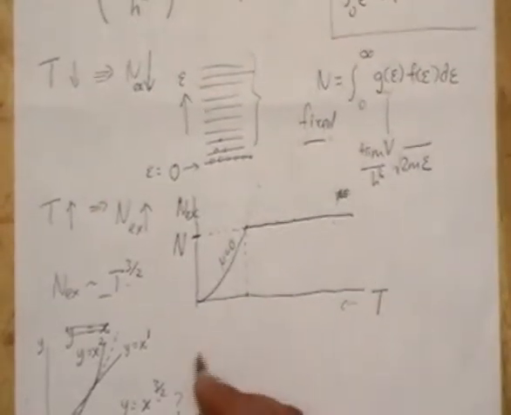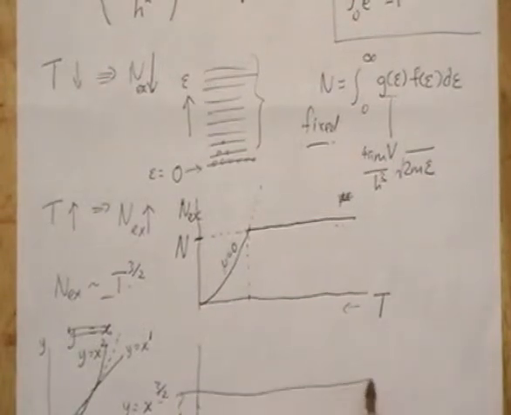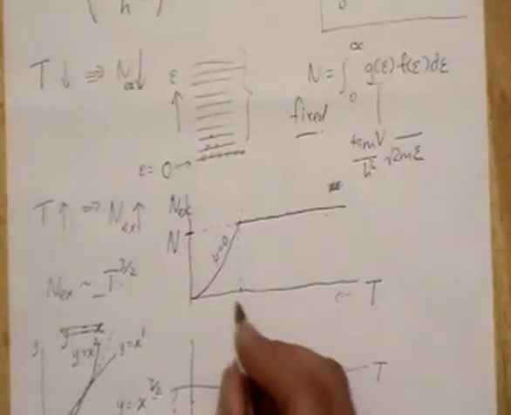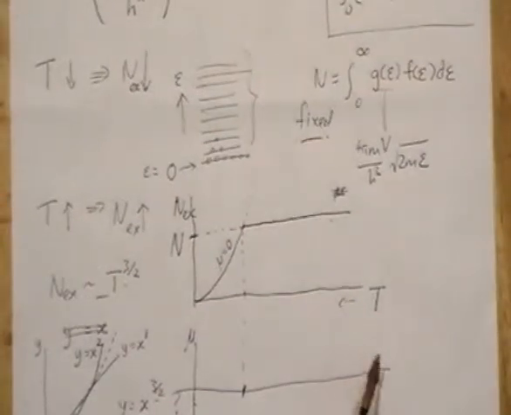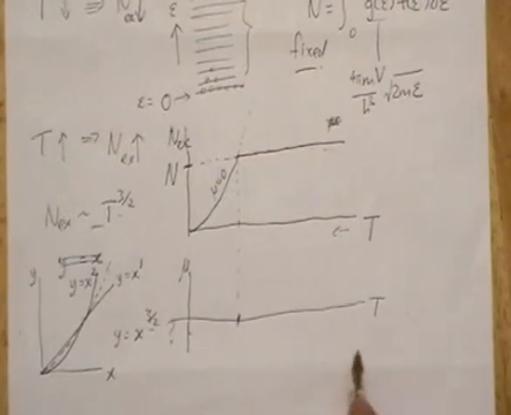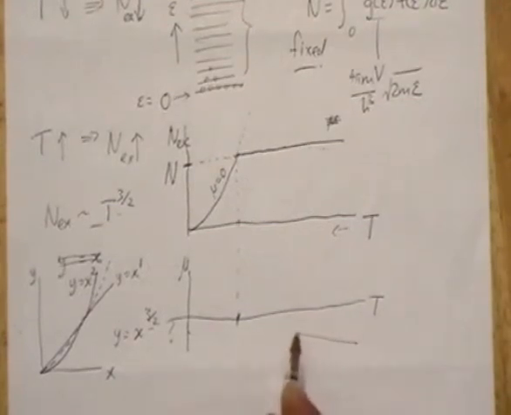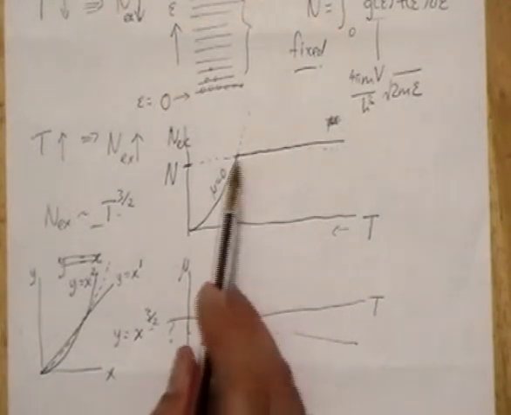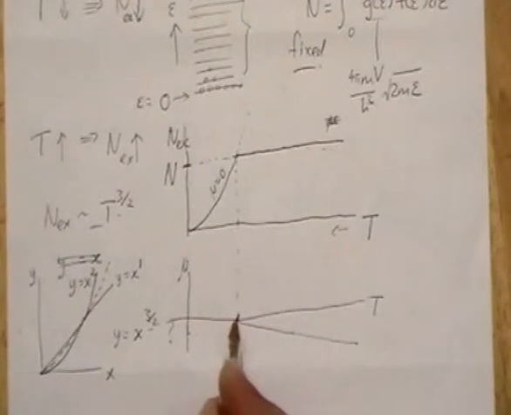Okay, so if we imagine actually plotting a graph of mu, we would expect that at higher temperature, mu has a negative value, and as temperature falls, mu increases towards 0, and when temperature reaches that point, mu goes to 0.